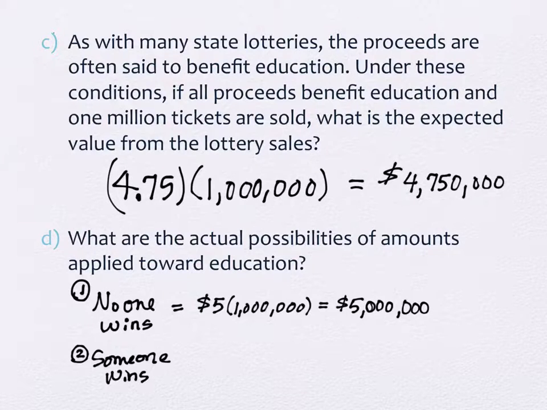Okay, agreed? Yeah. What happens if somebody does win? How much do people pay to play? $5 a piece, 1 million tickets, so $5 million, right? $5 million was brought in from the sale of the tickets. But now somebody wins. How much do they win?